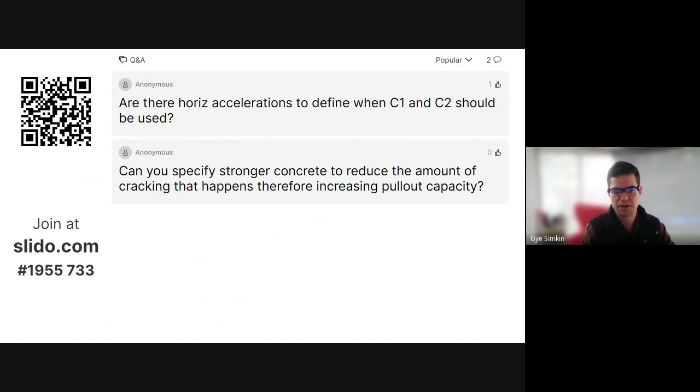You could definitely design the concrete to be stronger and less crack prone, therefore less capacity needed in the anchors. And that goes back to, there's a lot of different types of concrete structures. You would expect fewer cracks in, for example, a post-tension slab versus non-post-tension.